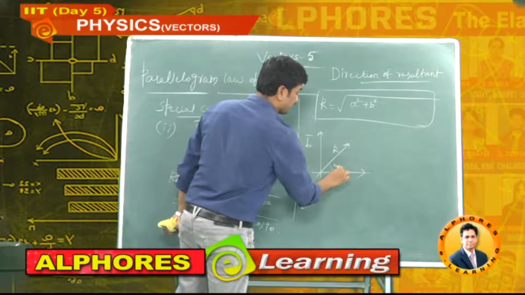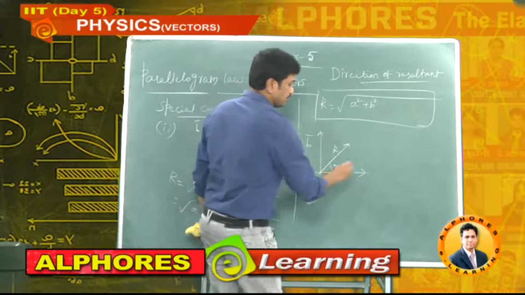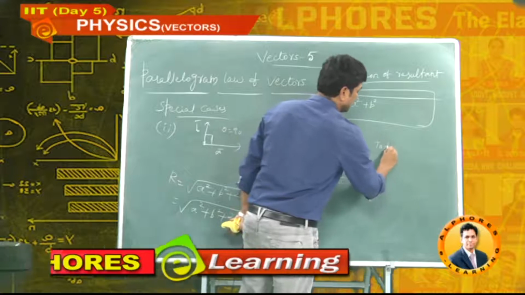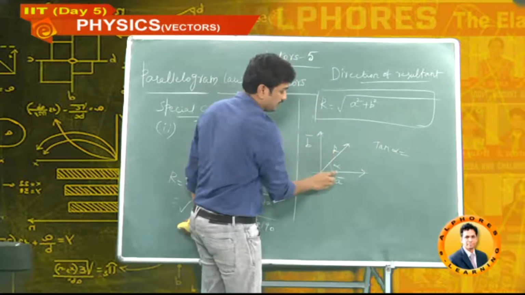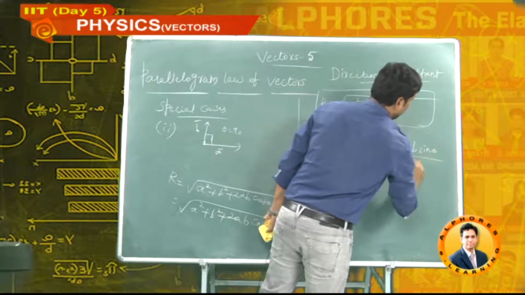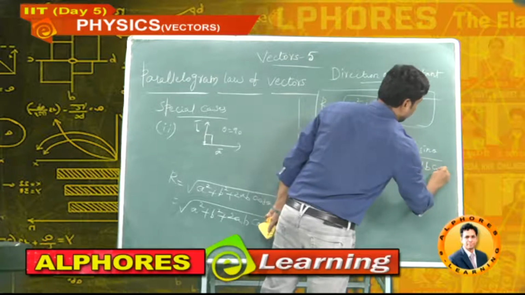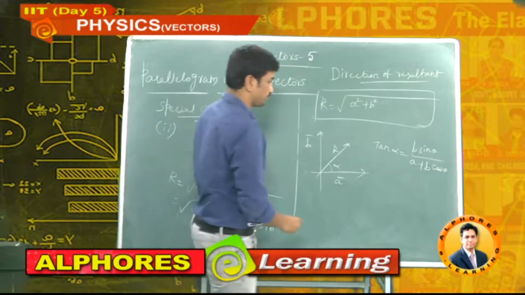Now this is alpha, you know that, it's the alpha. Now what is our formula? Tan alpha. Alpha is angle made by the resultant with A bar. B sin theta by A plus B cos theta. Just now we derived that formula.